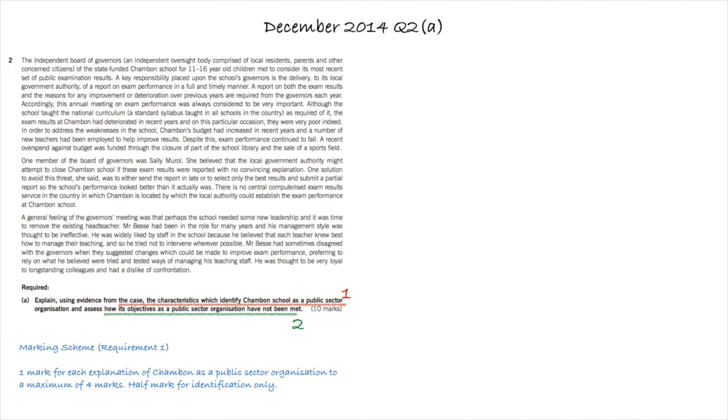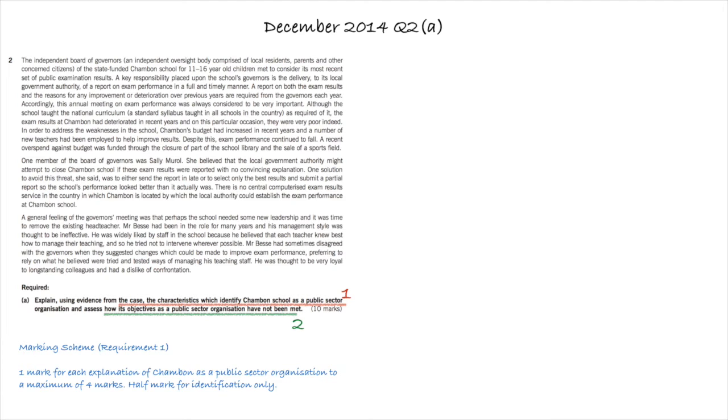Now there's only half for identification only. So do note that it's not going to be enough to just identify the characteristic. To explain it, you need to give that bit more detail. So that's the requirement 1 of part A.